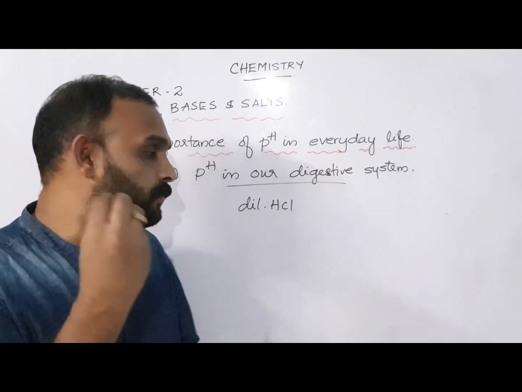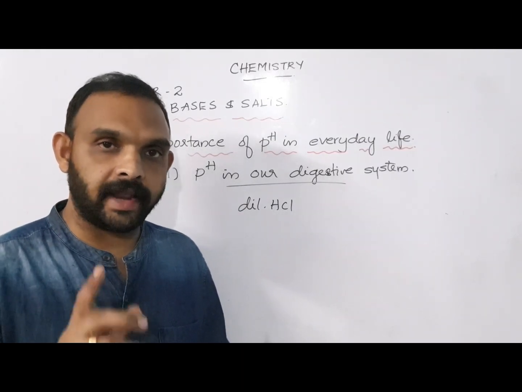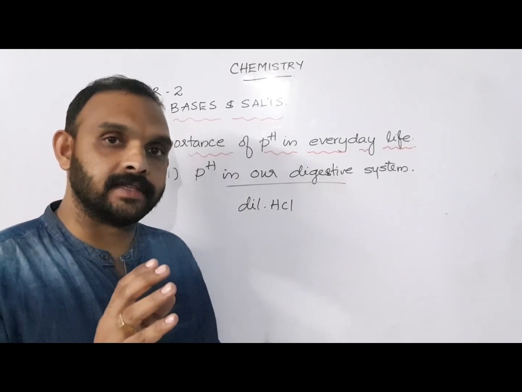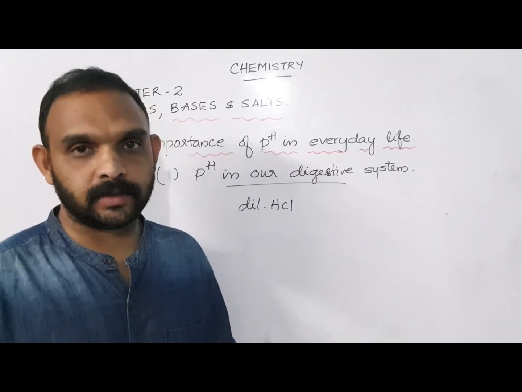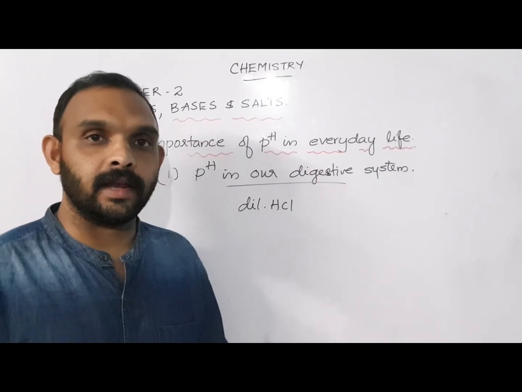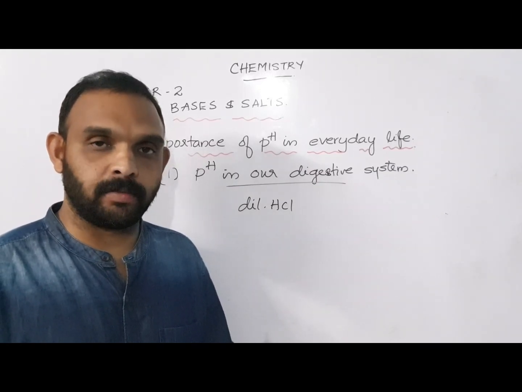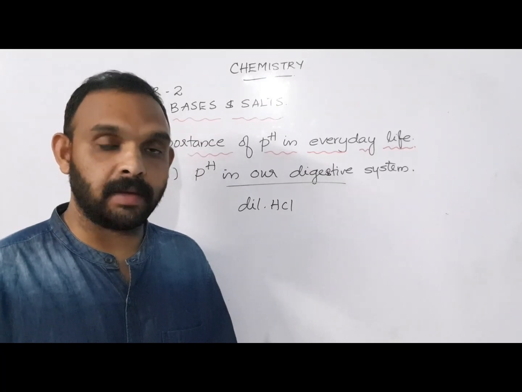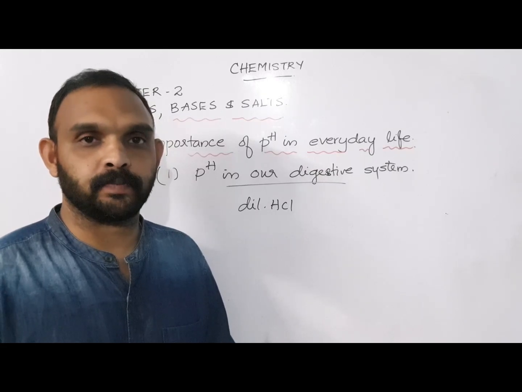If the production of this dilute HCl is excess in our stomach, what happens? This acid will create some problems, which may lead to severe stomach pain, discomfort, and maybe some bowel problems also.